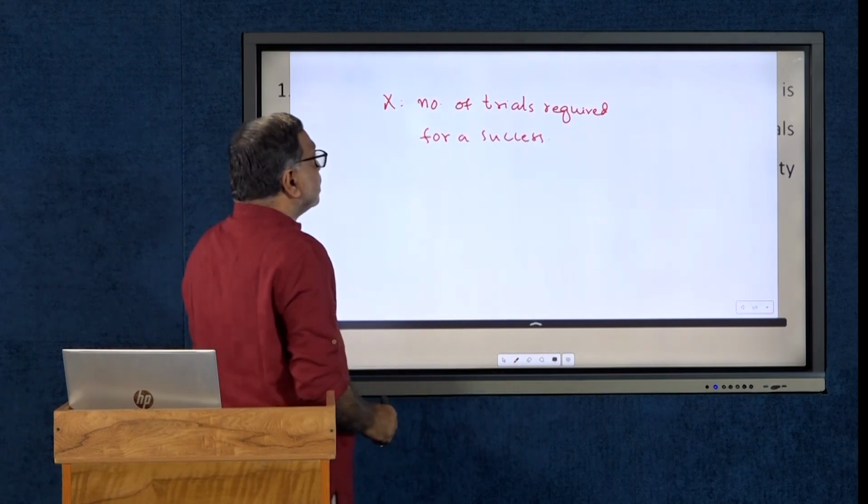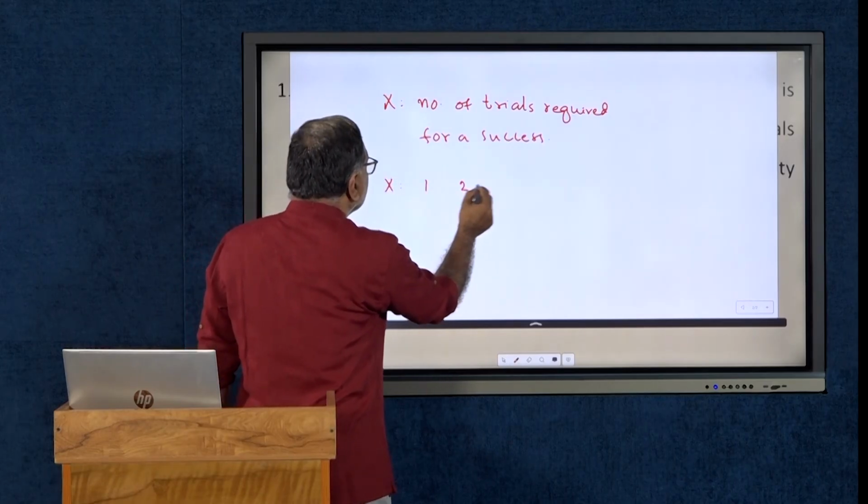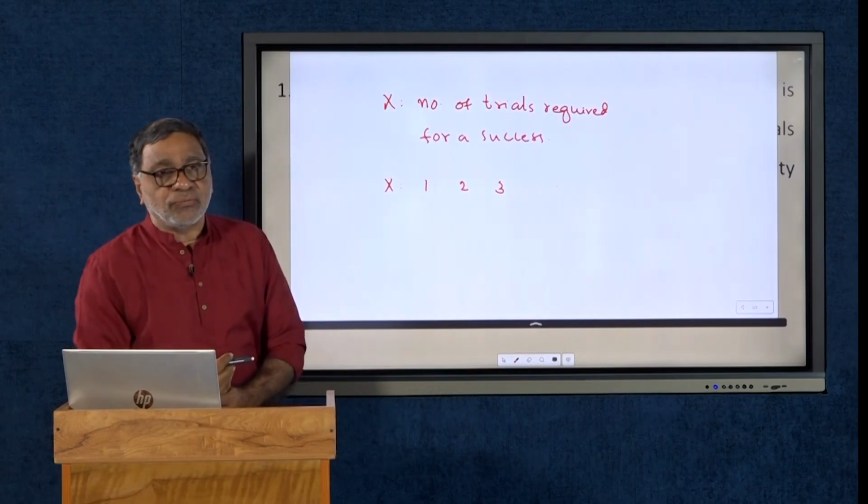Okay. So, x may be 1, 2, 3; these are the possible values of that random variable.